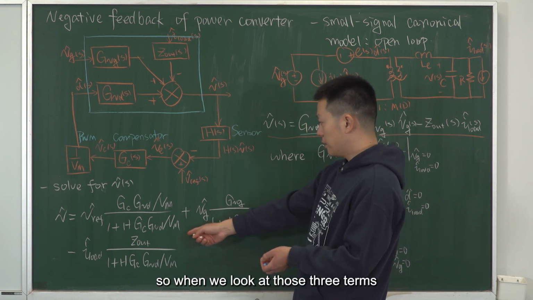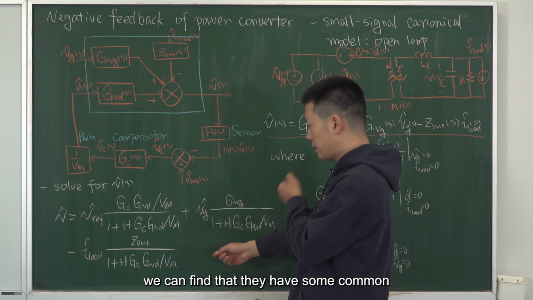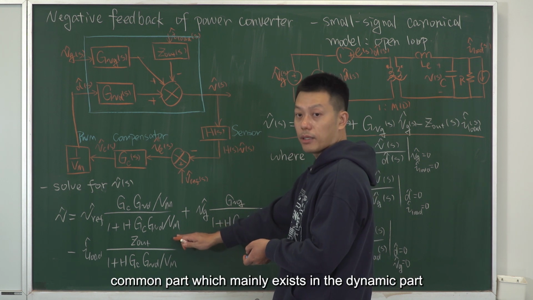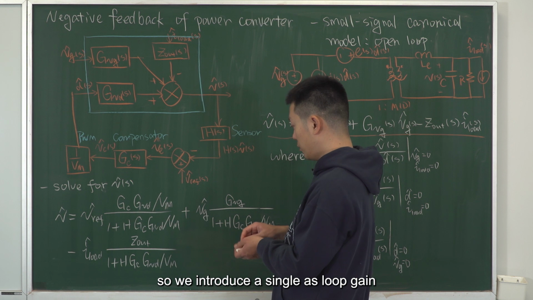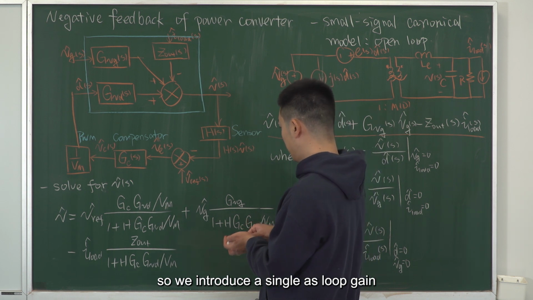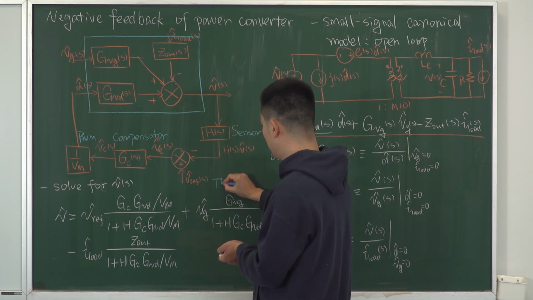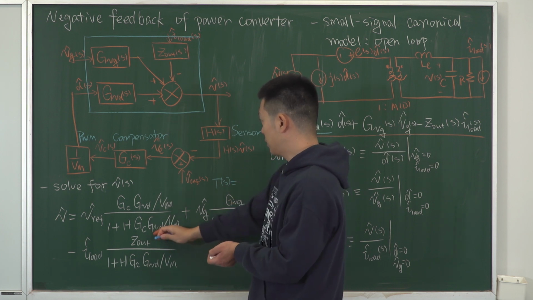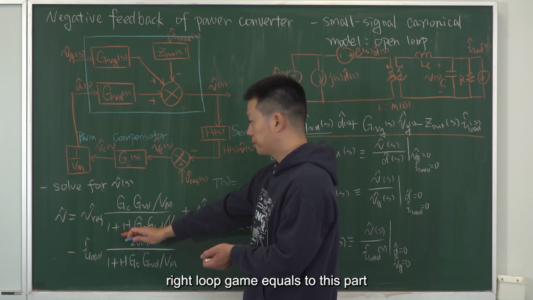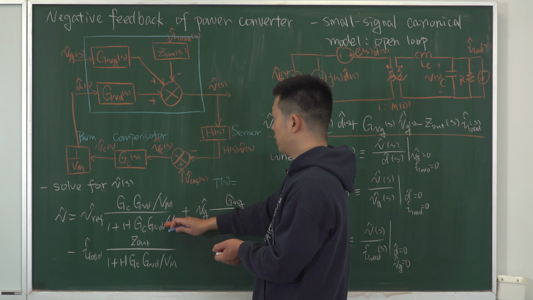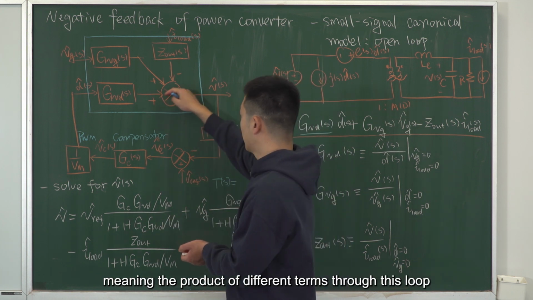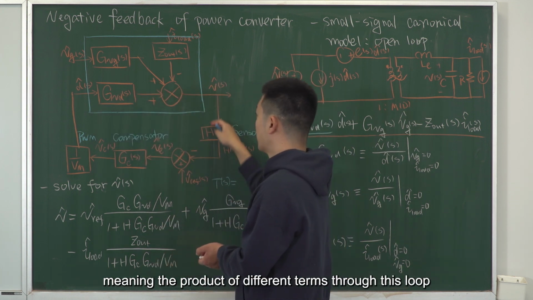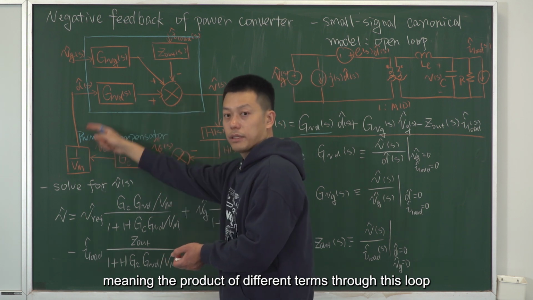So when we look at those 3 terms, we can find that they have some common part, which mainly exists in the denominator part, right? So we introduce a symbol as loop gain, meaning the product of different terms through this loop.